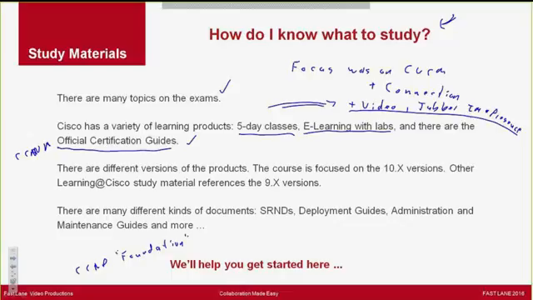There are different versions of the products. The course is focused on the 10.x versions, while other study material references the 9.x versions. And then you could start looking at stuff like SRNDs, deployment guides, administration and maintenance guides. What is it you're going to look at? Well, we'll help you get started here.